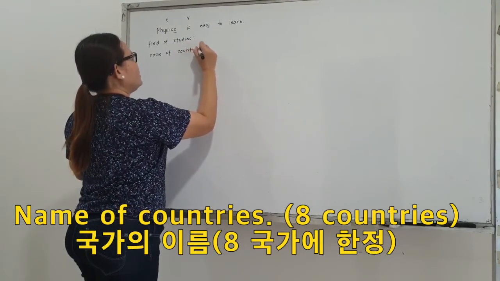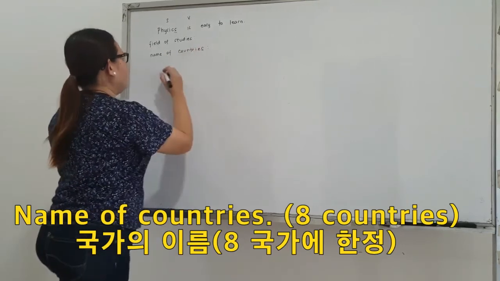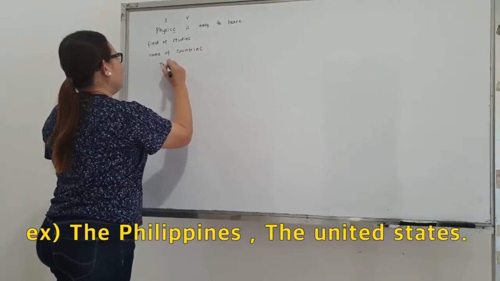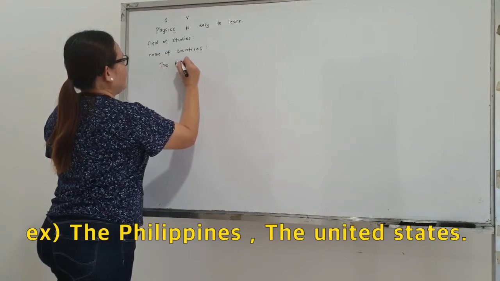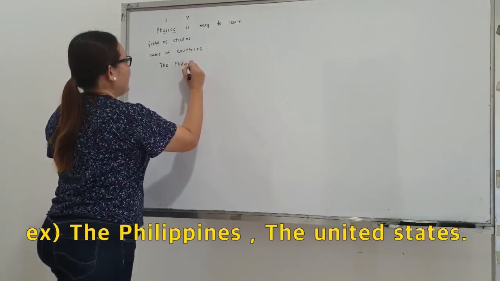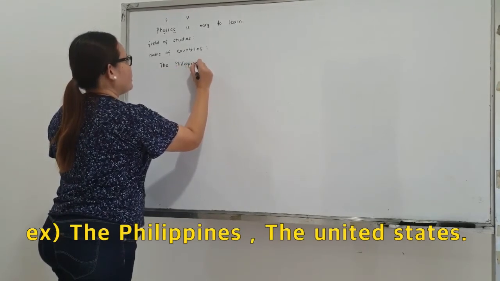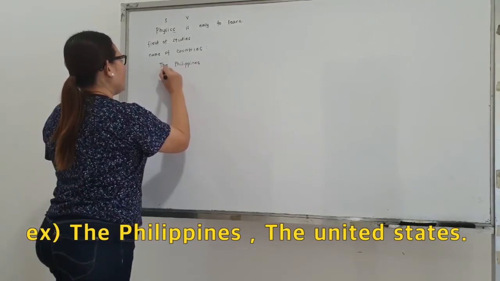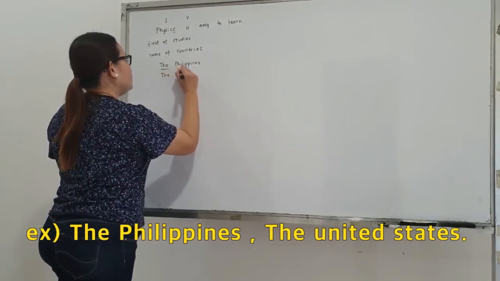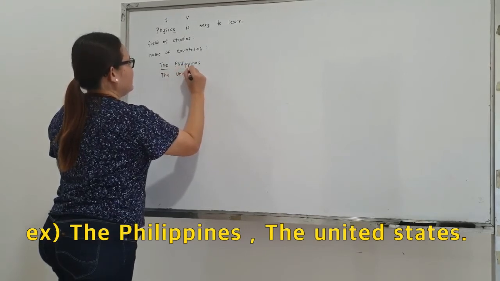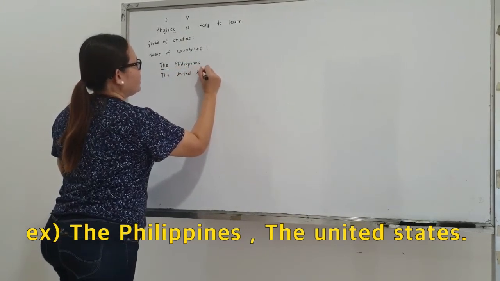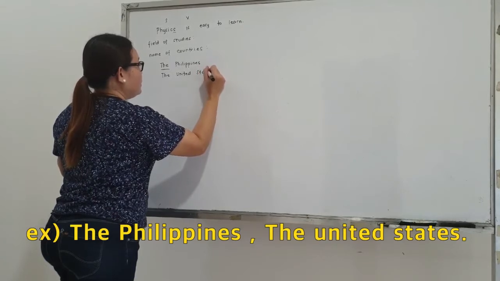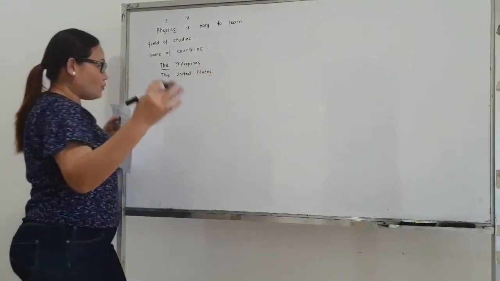Always remember that Philippines actually comes with your article the. The same goes with the United States. There are a lot of them actually, but I will be just giving you a few of them.